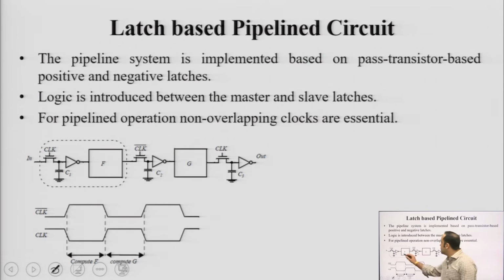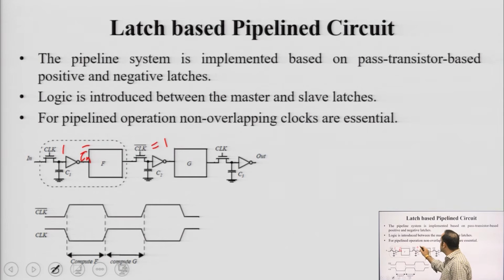So, here when clock goes 1, input gets sampled on node capacitance C1, its inverted form in bar goes to F, and F is a combinational logic block which calculates. So, the output is taken here. At this time clock bar is 0, so this is off.